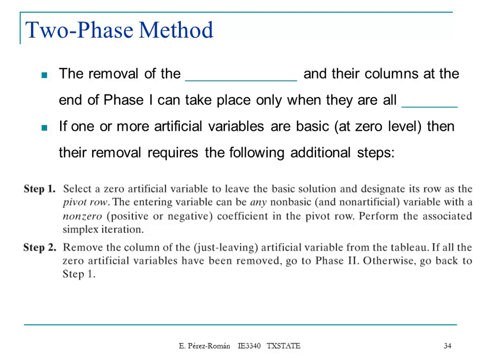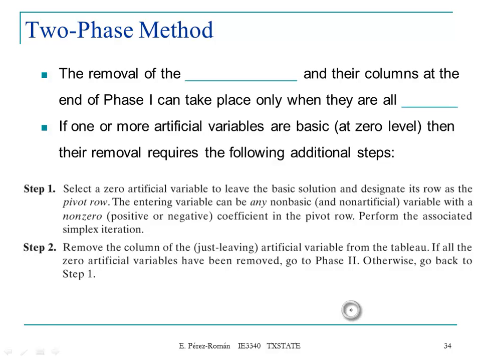You're going to choose one of the variables from row 0 that has a value of 0. It can be any non-basic and non-artificial variable with a non-zero, positive or negative coefficient in the pivot row. And then perform the associated simplex iterations.